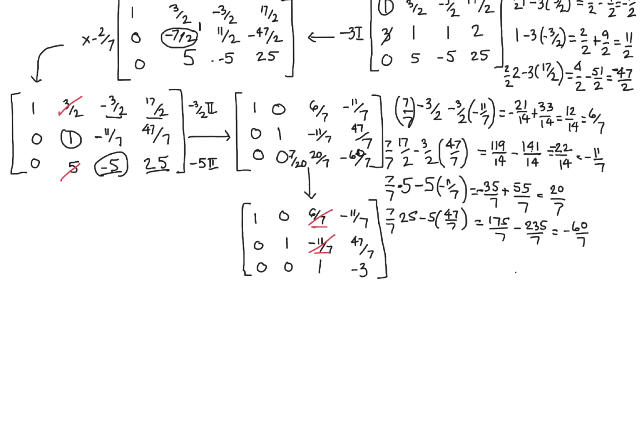So the next operation will be, of course, to add 11 over 7 of row 3. And then for this one, we subtract 6 over 7 of row 3. Right?